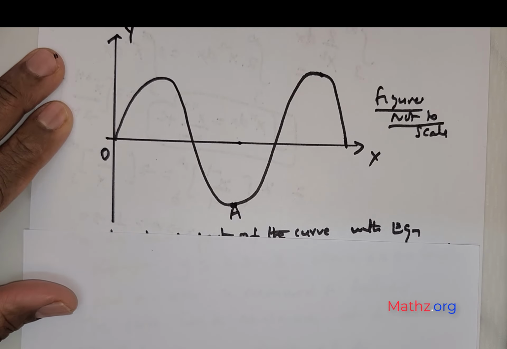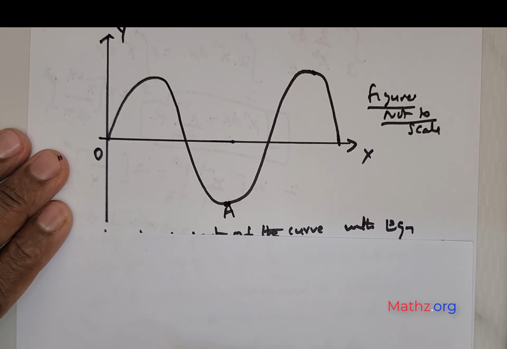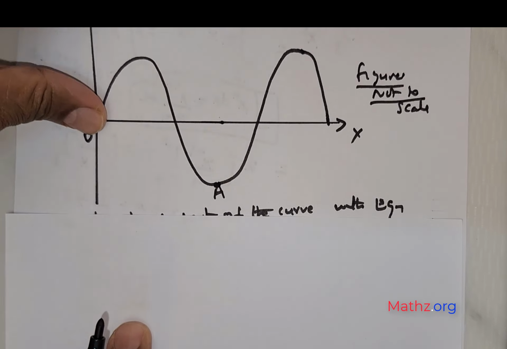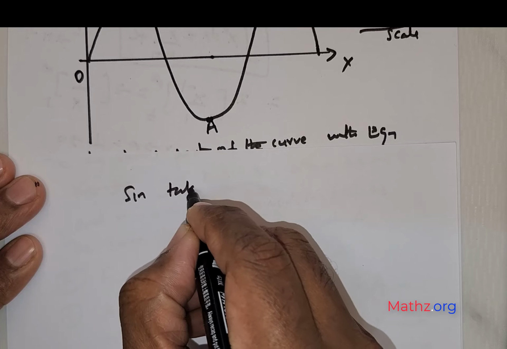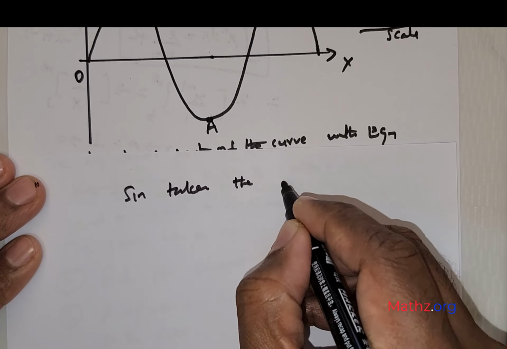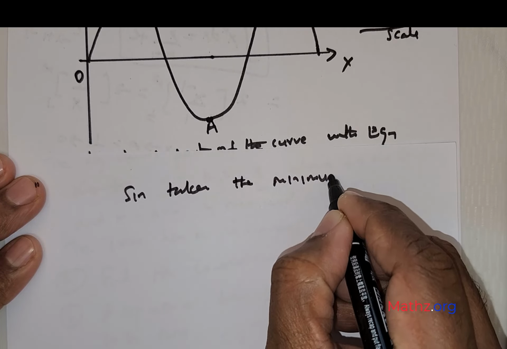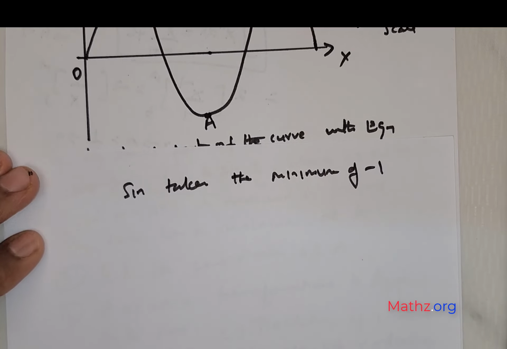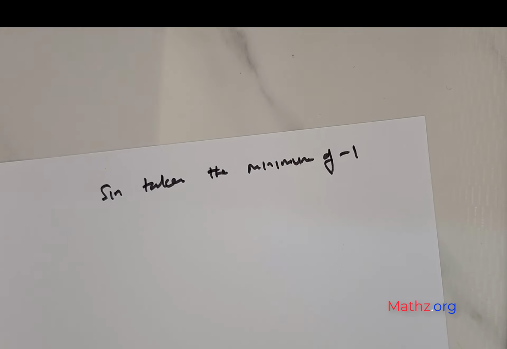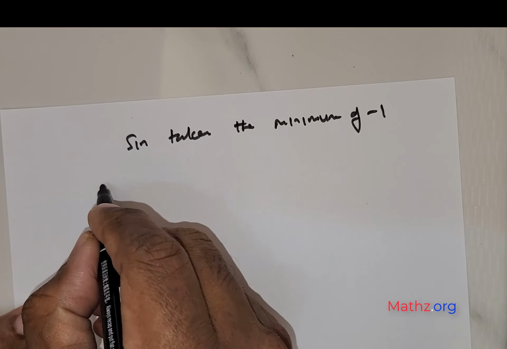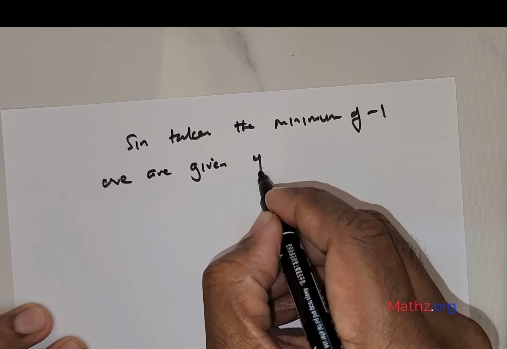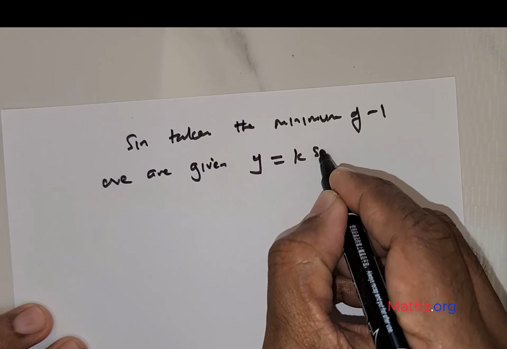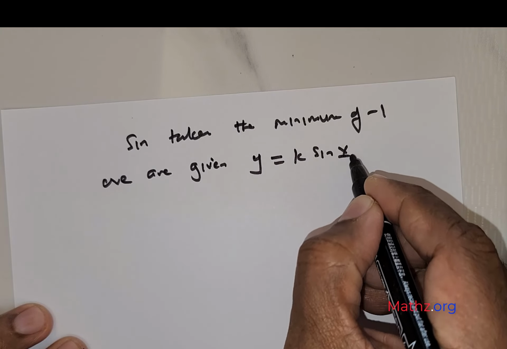Now observe this curve. This curve is a sine curve. Now I'm going to state the following: sine takes the minimum of -1. So we are given y is equal to k times sine x over 2.